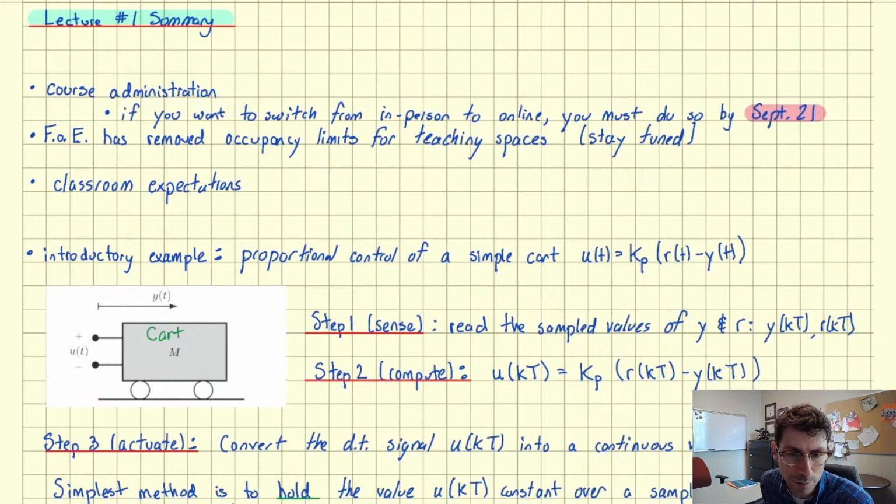We received an email this morning saying that the Faculty of Engineering has removed occupancy limits for teaching spaces. I'm going to talk to some people this afternoon, but stay tuned. It might mean some changes to what I said yesterday in terms of the number of people in the labs and so on.